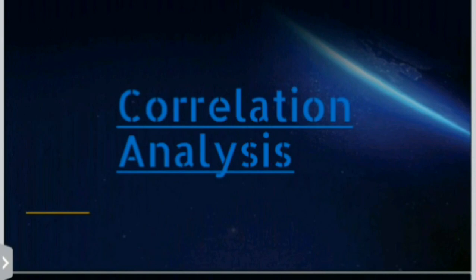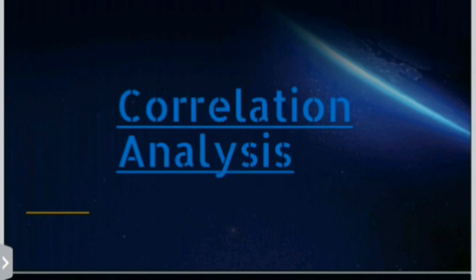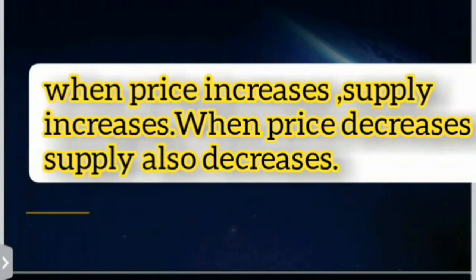Suppose let us take the variables like price and supply. As we are commerce aspirants, we are all very much aware of how price and supply are related to each other. We know that when the price increases, supply increases. When the price decreases, supply also decreases.